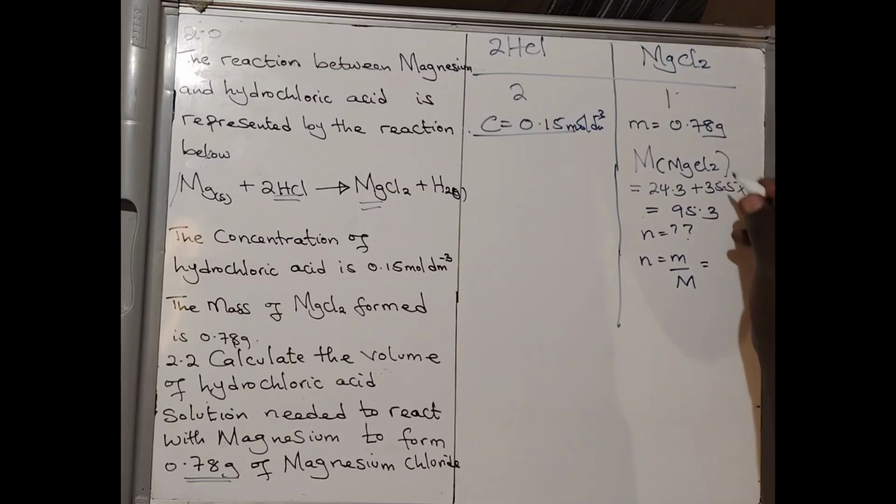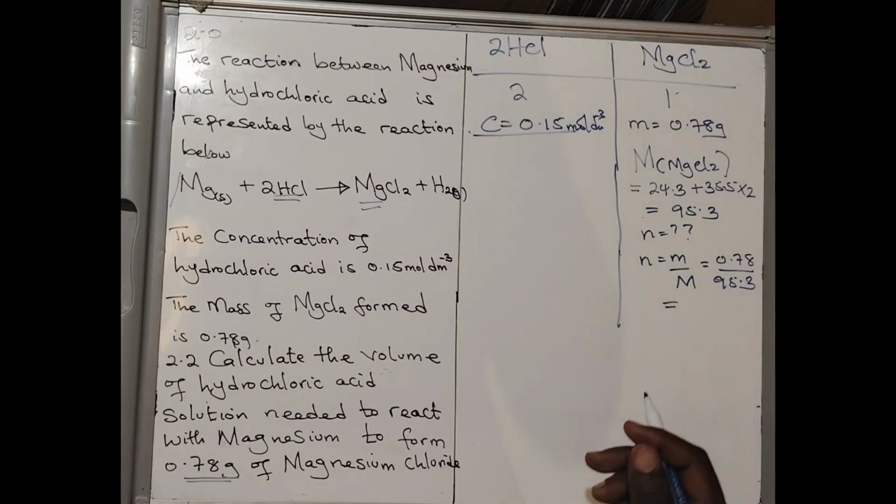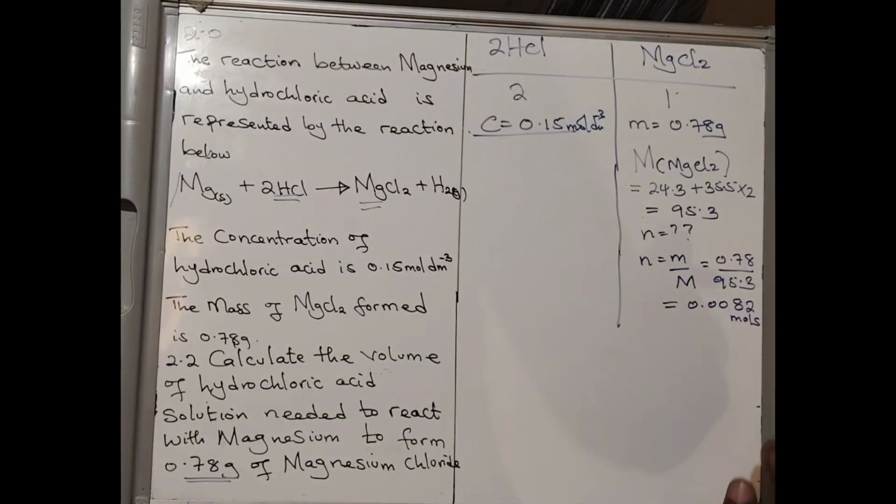So the mass is 0.78 and the molar mass is 95.3. This gives you the number of moles of magnesium chloride which were formed. It's 0.0082 moles.